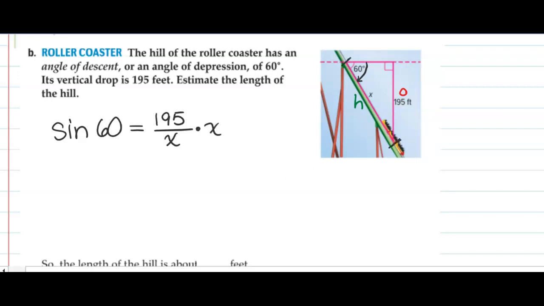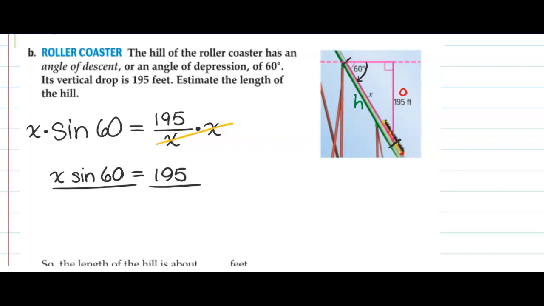Again, multiplying by x on both sides. Hopefully things are starting to seem familiar here. We have x sine 60. Show all my work this time. Divided by sine of 60.